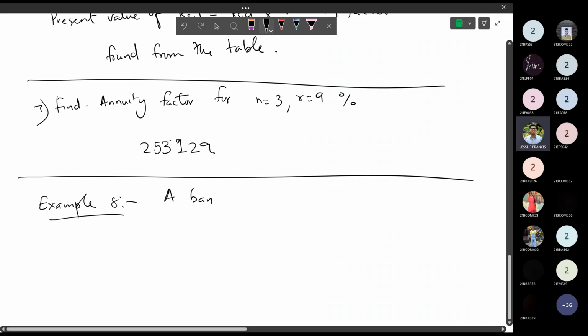A bank grants an annuity loan of rupees 30,000 at 7 percentage per annum.